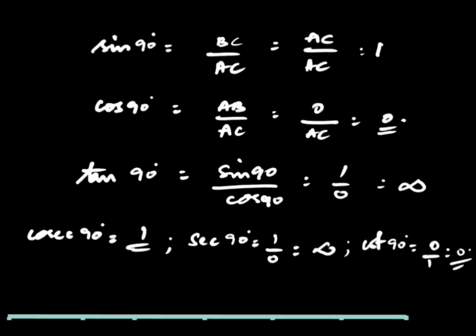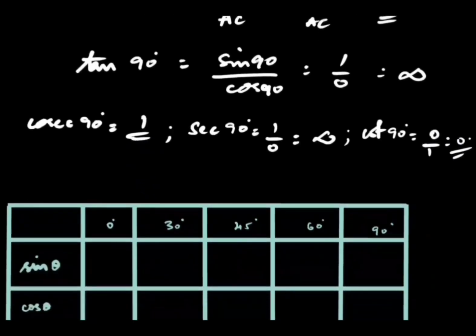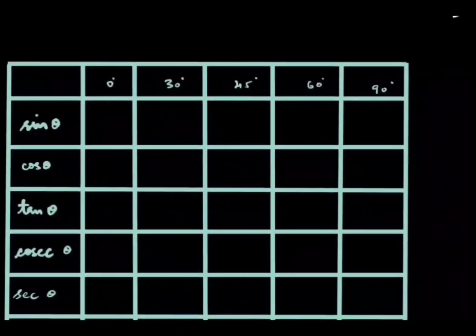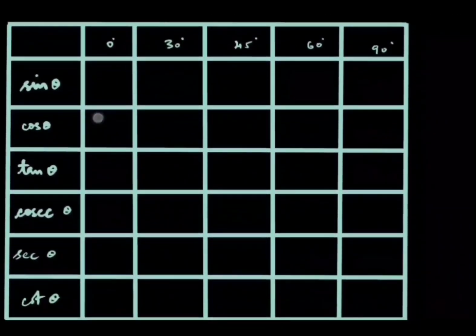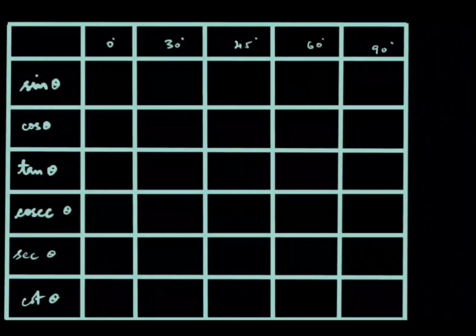So now, finally, as a summary, we'll construct a table. We'll have all the trigonometric ratios on the left side and angles above. We have seen that sin 0 is 0. Sin 30 is 1 by 2. Sin 45 is 1 by root 2.